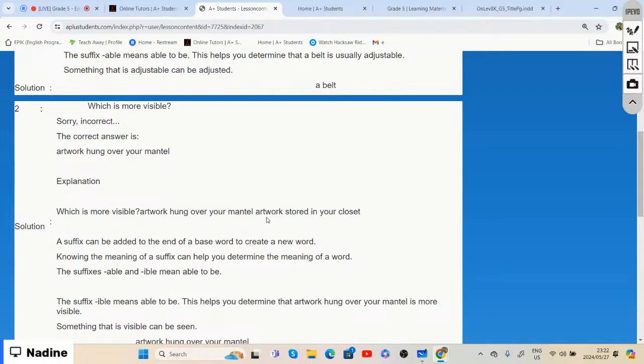And knowing the meaning of a suffix can help you to determine the meaning of a word. And we said the suffix able and ible, it means able to be, right? And we said we use the word able when a word is already completed.